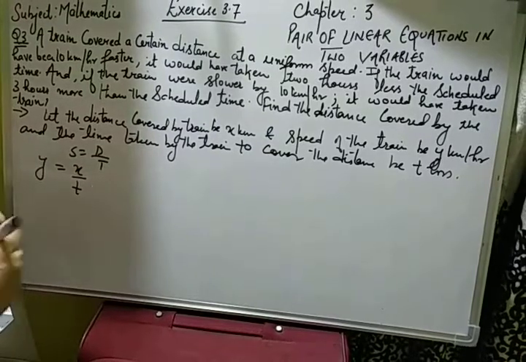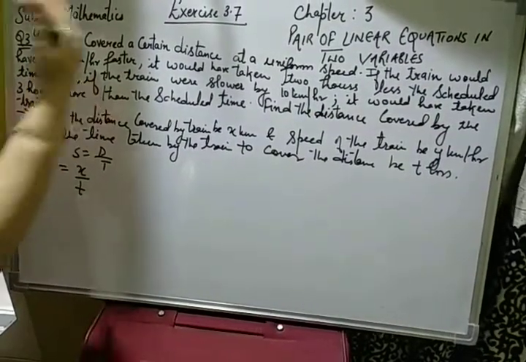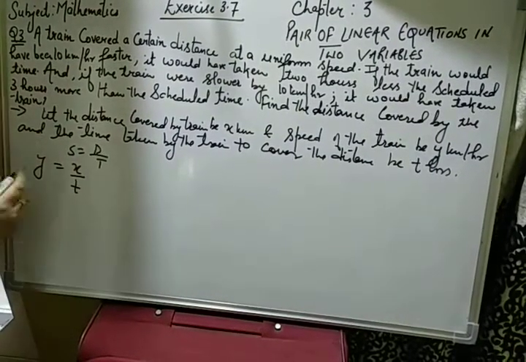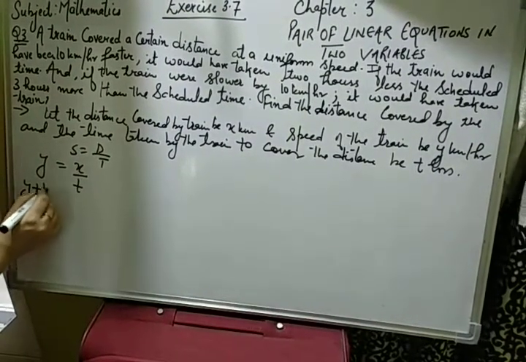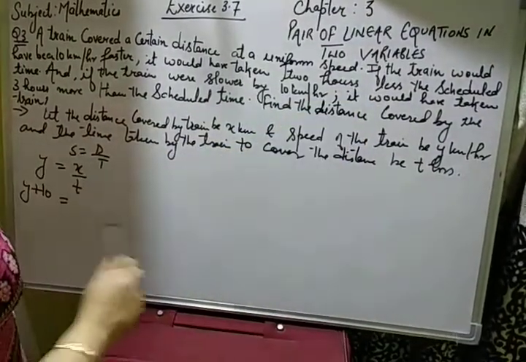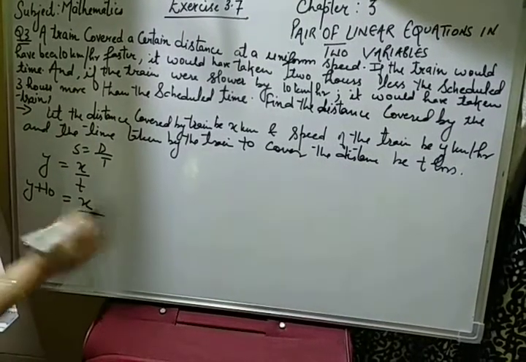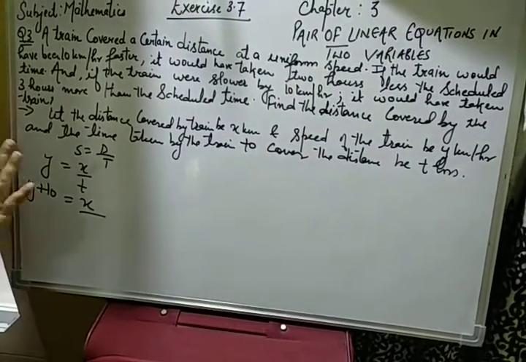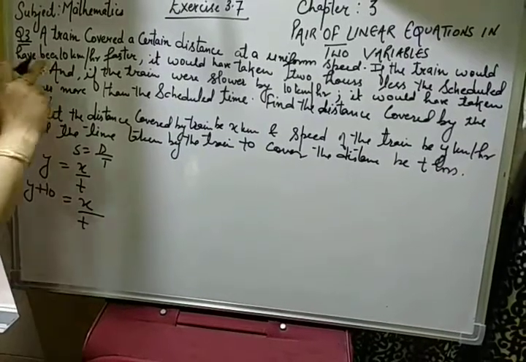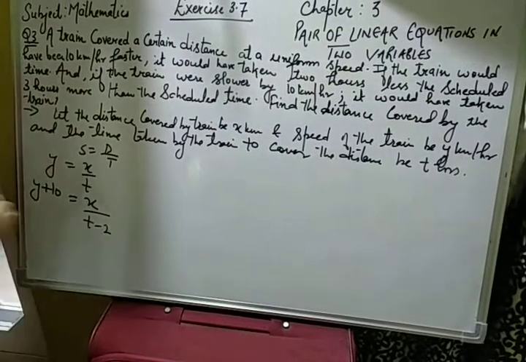But in the situation it is given, if the train would have been 10 km per hour faster, meaning the speed increases by 10 km per hour, the speed is y plus 10. Then it would have taken 2 hours less time. X will remain the same, the distance is the same, we have to cover x kilometers. If 2 hours less, it means t minus 2.